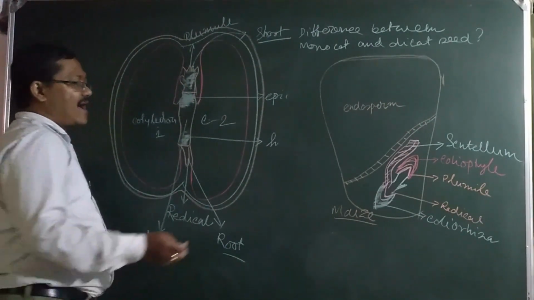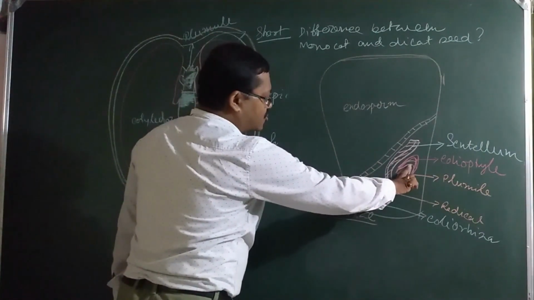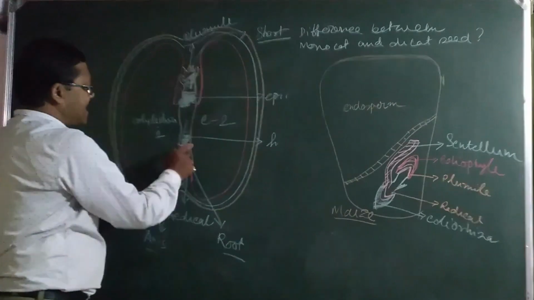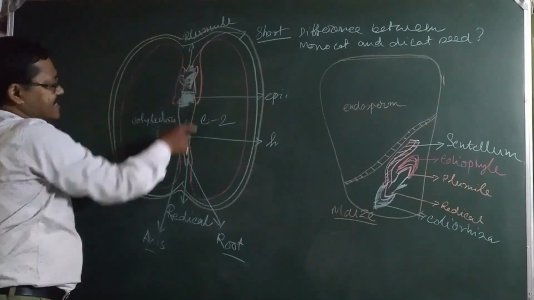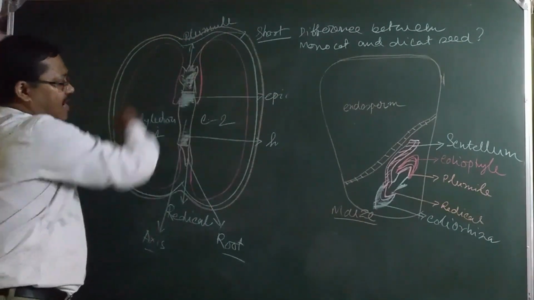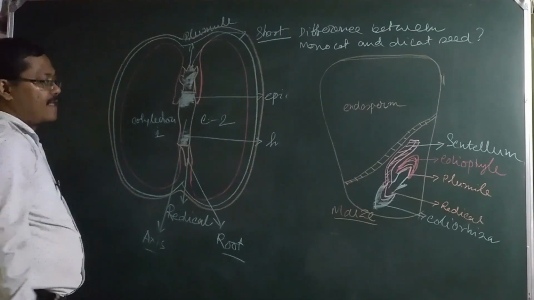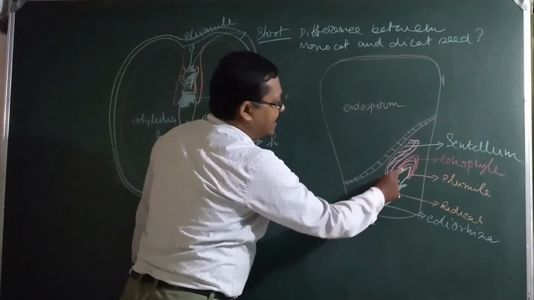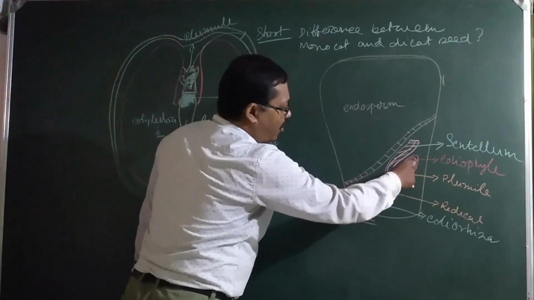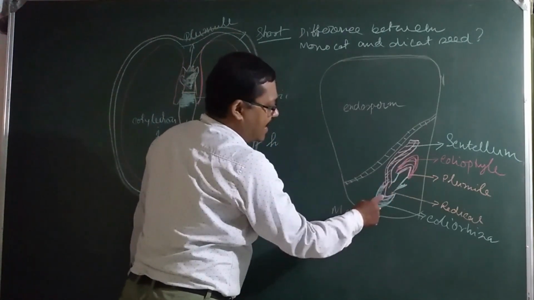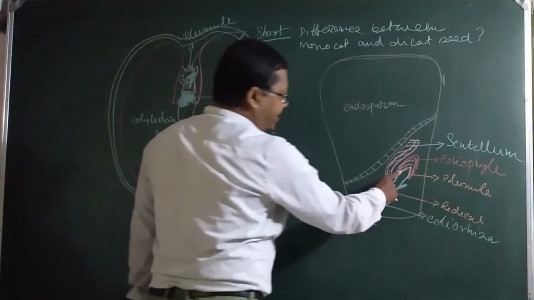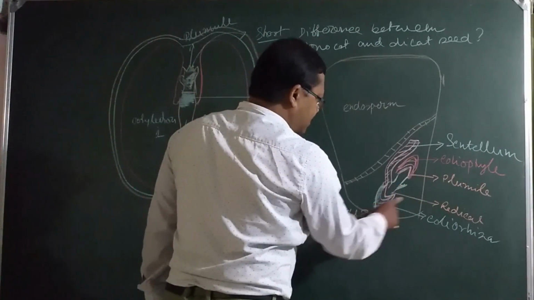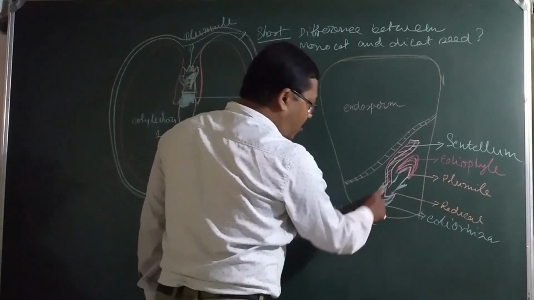Third, in monocots the embryo is short and rudimentary in size, but here the embryonal structure is very large, the total size of the embryo. The epicotyl, the coleoptile and coleorhiza: the plumule is covered by the coleoptile and the radicle is covered by the coleorhiza.